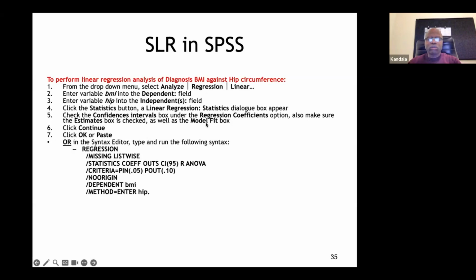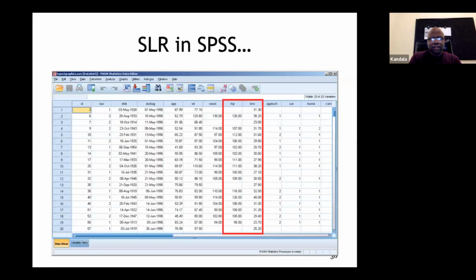There is also the box for model fit, which is important so that you check your model. At the end, you can have the graph that we have discussed. If you are interested in the graph, you tick the graph, and if you are interested in statistics, you can also tick the statistics.